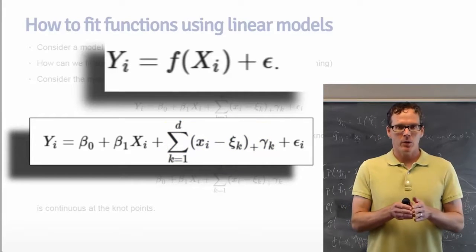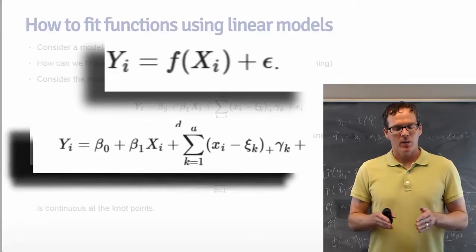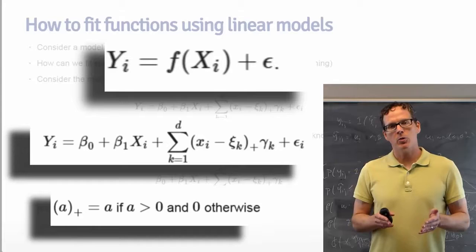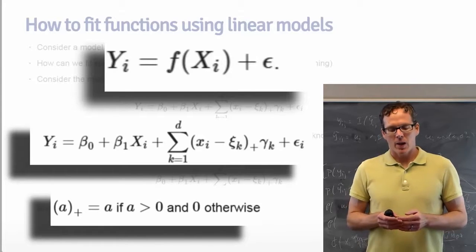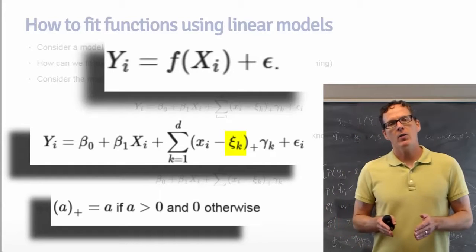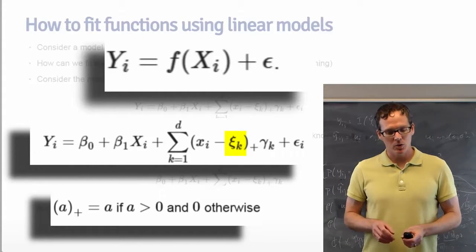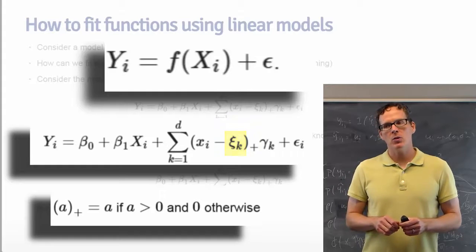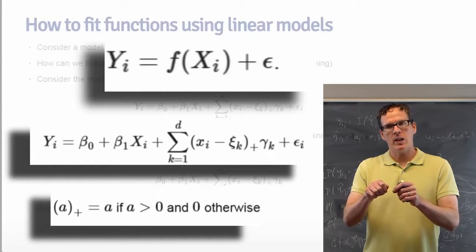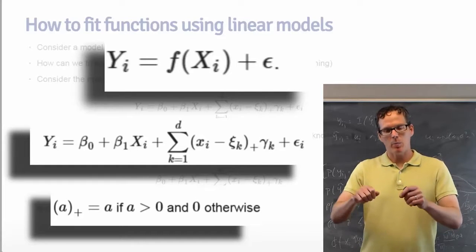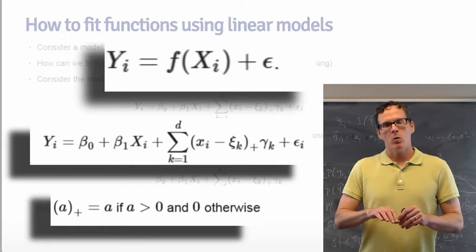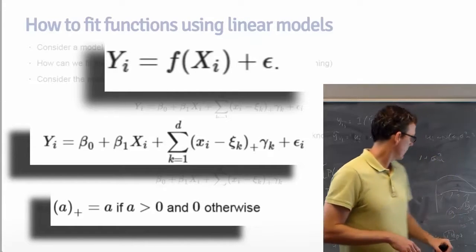The function with a little plus just returns the argument if that argument is positive, and it returns 0 otherwise. And these little xi terms, xi 1 up to xi d, are the knot points. Imagine a stick that, if you break it, just creates a kink in it, rather than breaking it apart.